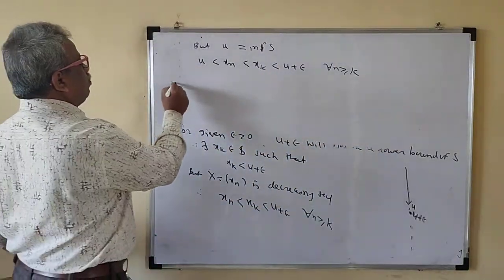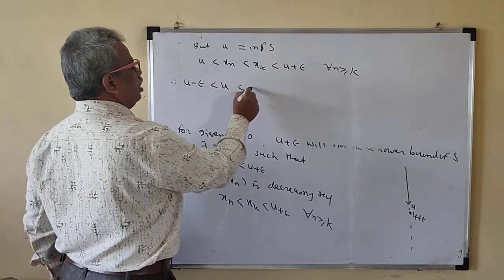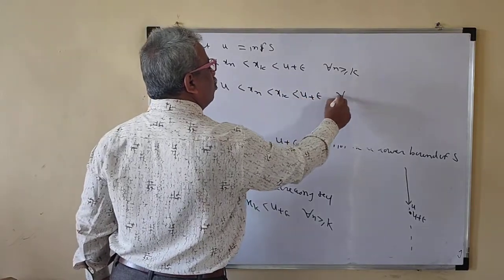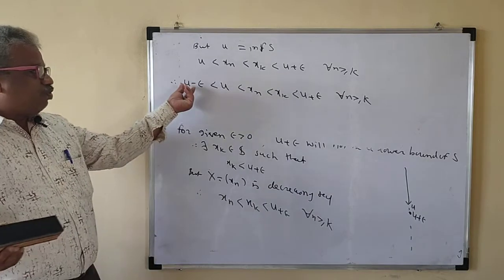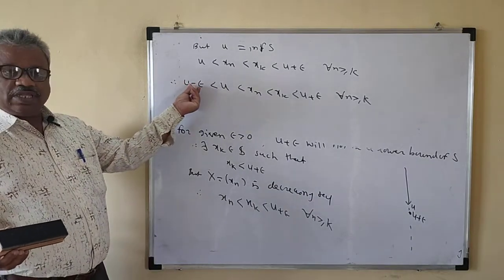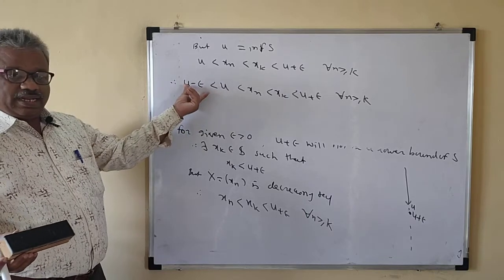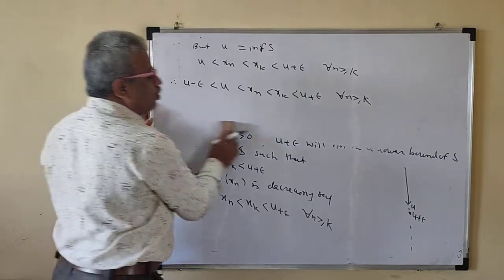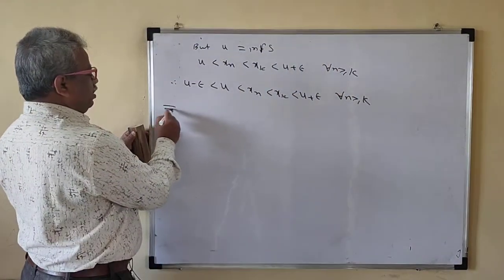Okay, so therefore U minus epsilon is less than U is less than xn is less than U plus epsilon for all n greater than k, right? I can write U minus epsilon because epsilon is positive, so U minus epsilon is less than U. I can write this chain. Okay, so now I will take only this. What does this imply?